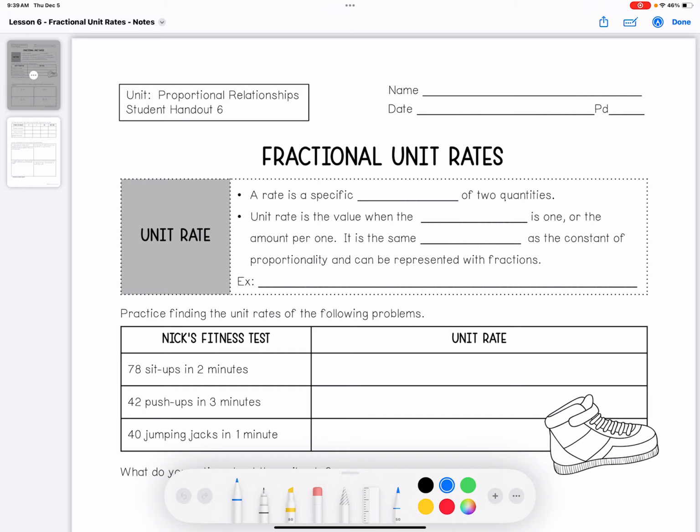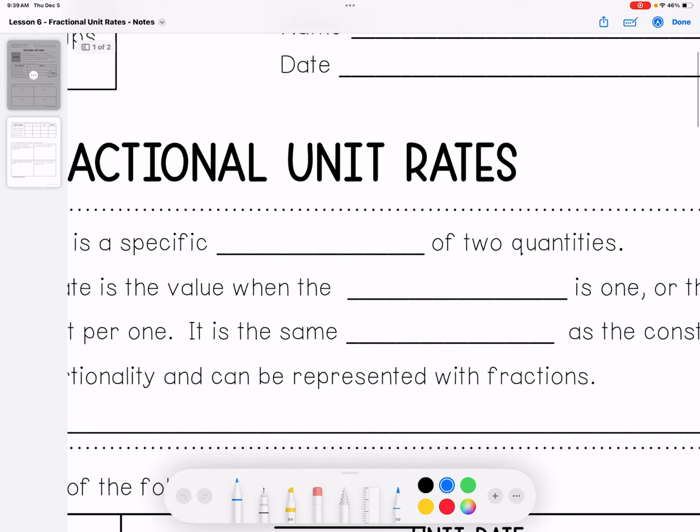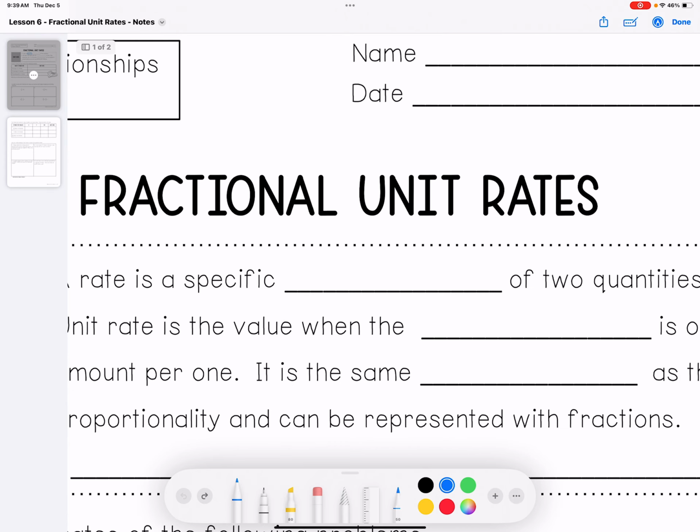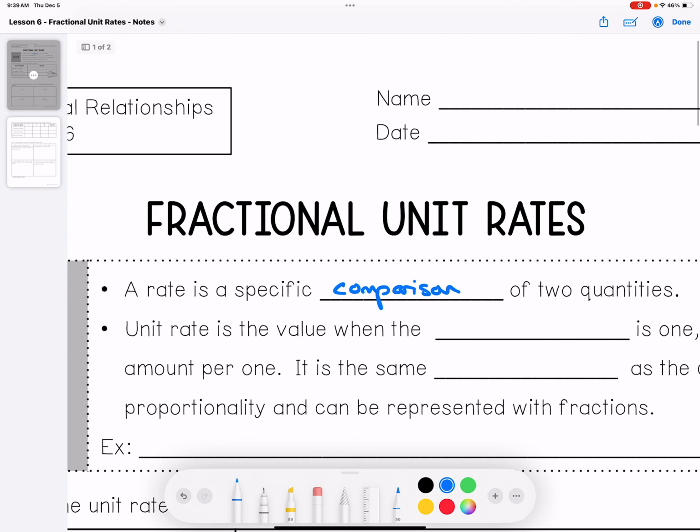So here's what we need to know about unit rates. A rate is a comparison of two quantities.